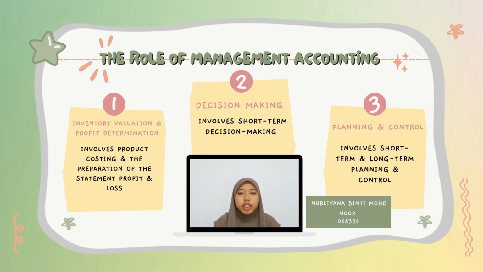The last one is planning and control that involves short-term and long-term planning and control. The role of management accounting has evolved over the years. Over time, several contemporary management accounting practices have been introduced with the aim of promoting value creation for businesses.